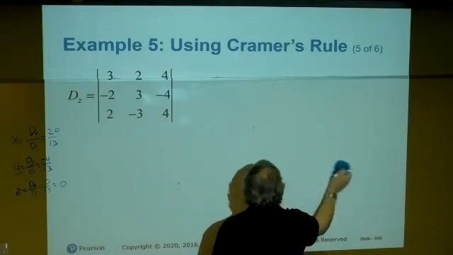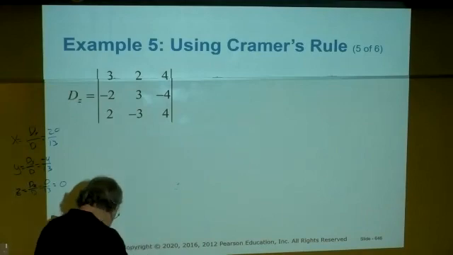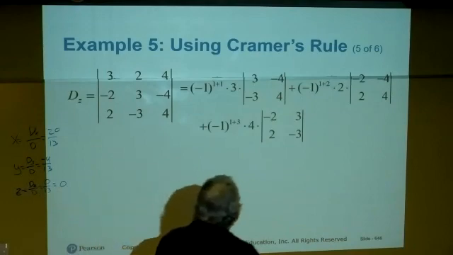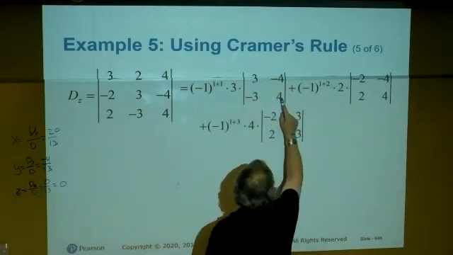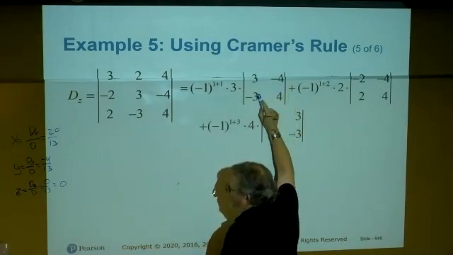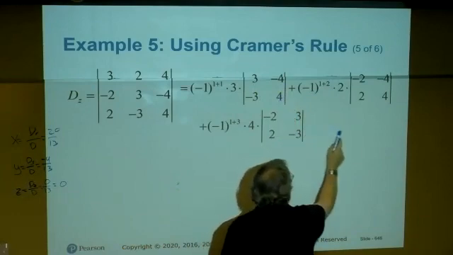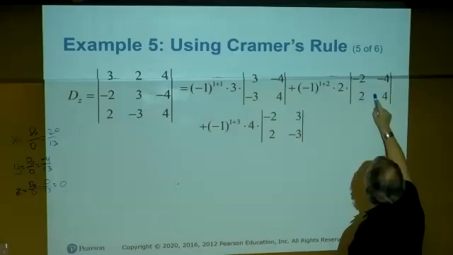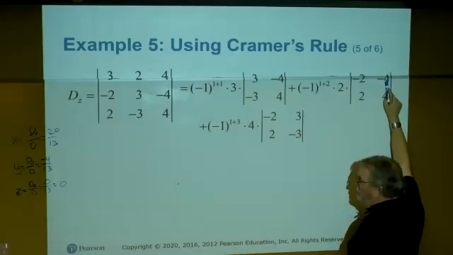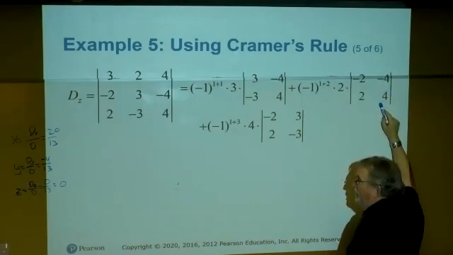Now, doing it using the minors, you should hopefully get zeros. So here I have 3 times 4 and -3 times -4, so I have 12 minus 12, 0. And here I have a -2 times 4, which is a -8, and 2 times a -4, which is -8. -8 minus -8, 0.